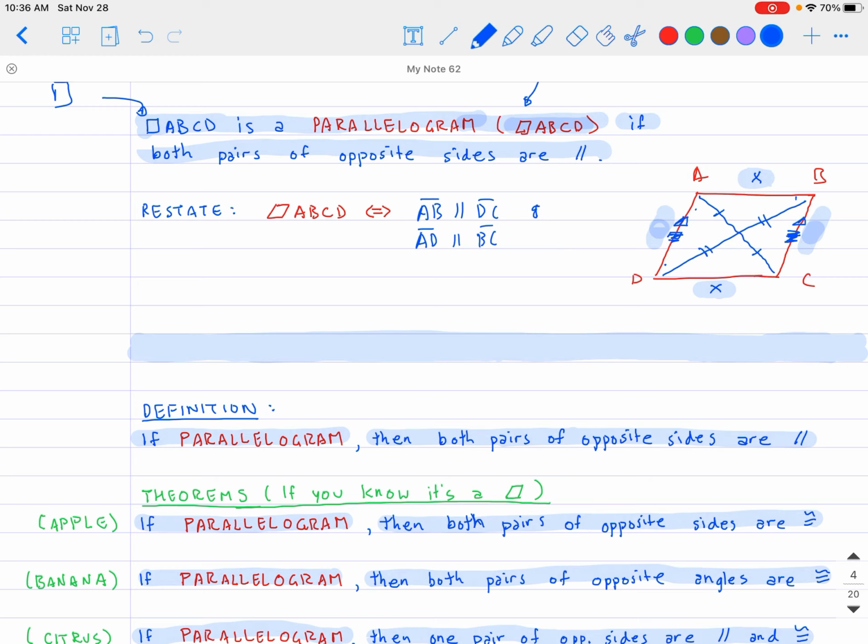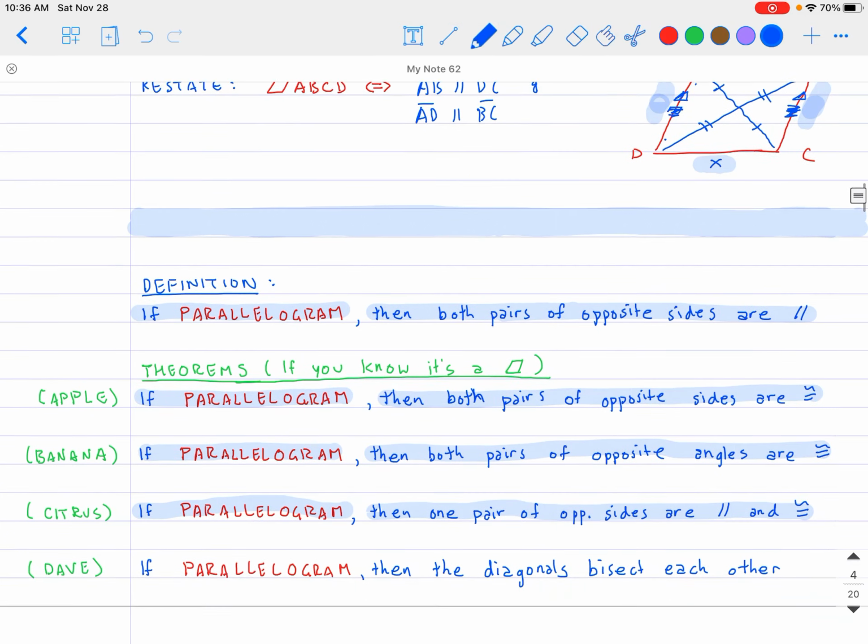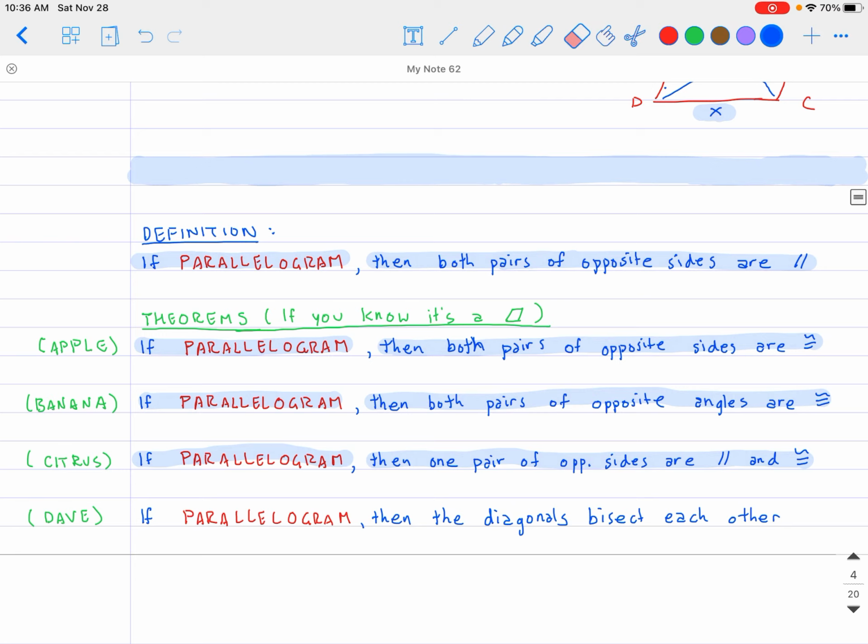Well, half of it definitely is true because of the definition of a parallelogram. The other half, you're just going to have to prove. And then finally, for the last one, if you have a parallelogram, then we said the diagonals are going to bisect each other. So all of these are stuff that I technically haven't proved yet, because I actually want you to prove them for yourself.